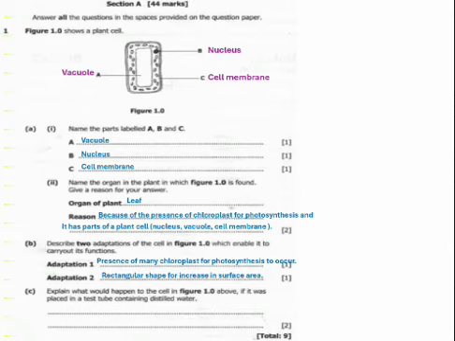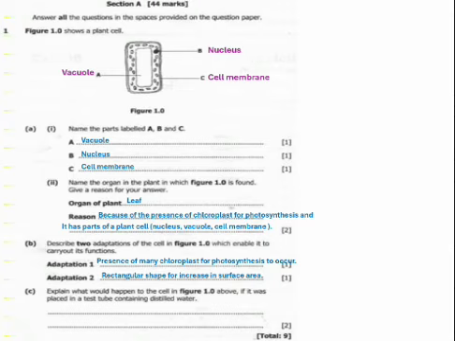Alright, let us move on to question C. Explain what would happen to the cell in figure 1.0 above if it was placed in a test tube containing distilled solution. Distilled solution is also called hypotonic solution.